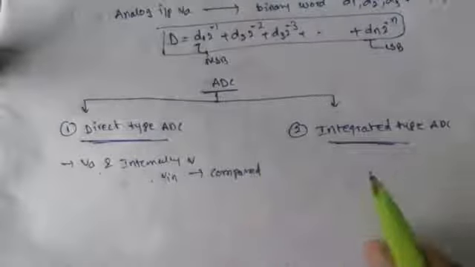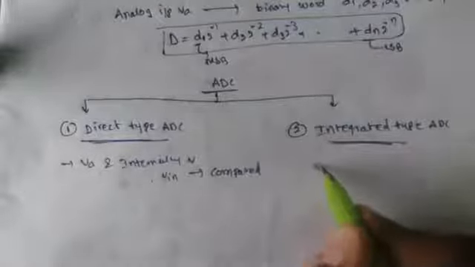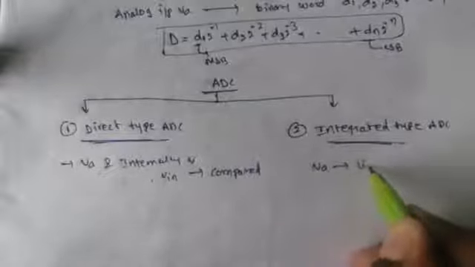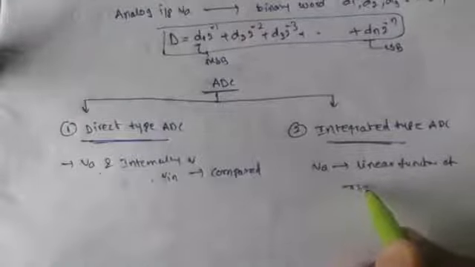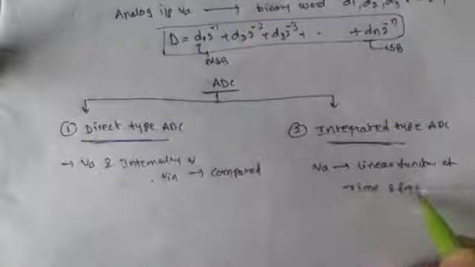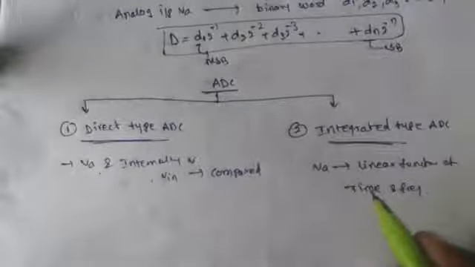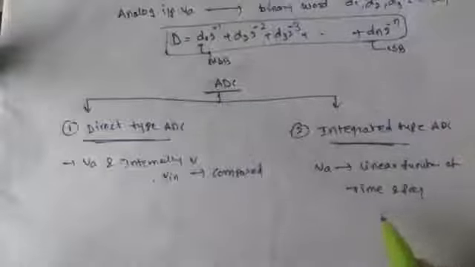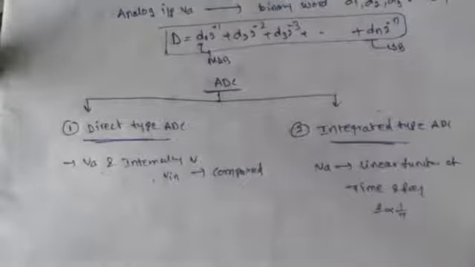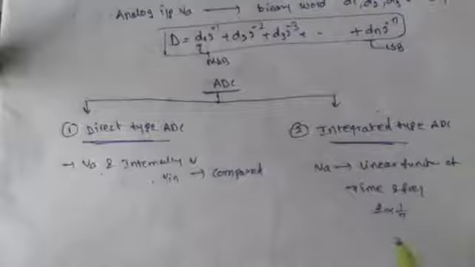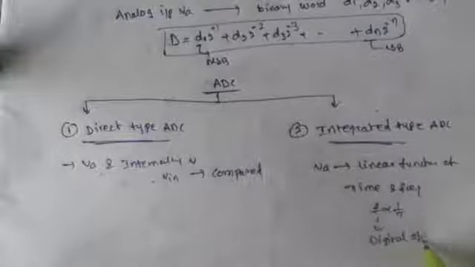In integrated type ADCs, it is not a comparison manner. Here, the analog input voltage will first be converted into a linear function of either time or frequency, where frequency is inversely proportional to 1 by time, and then it will be converted into the digital output.